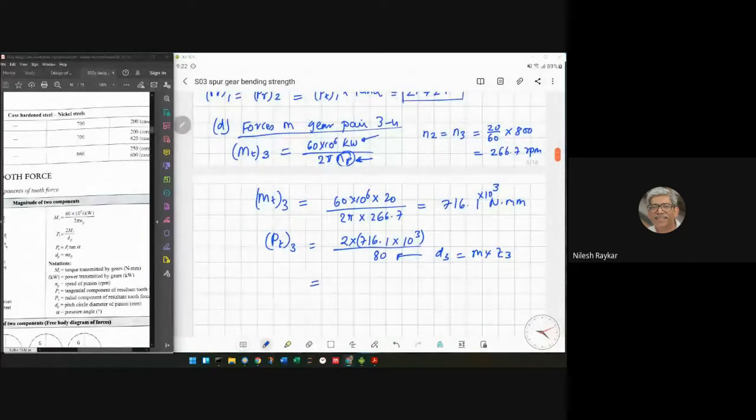So it gives us the tangential force as 17902.5 Newton. And PR3, the radial force acting on this gear, would be given as PT3 into tan of alpha, so that is 6516 Newton.